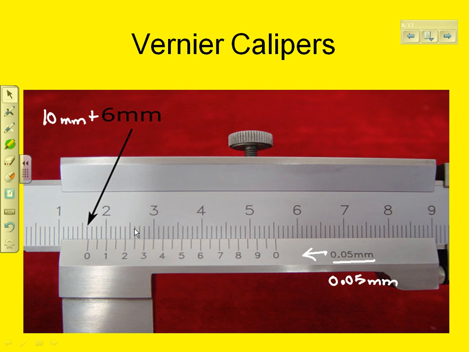That 2.5 is nice and straight below the other measurement. We don't care what the measurement value is on the main scale. We're reading the vernier scale.